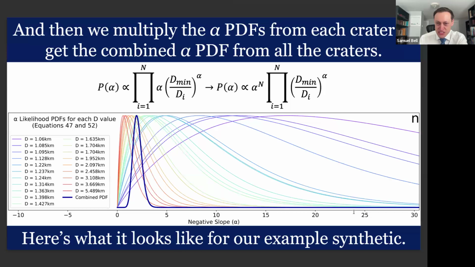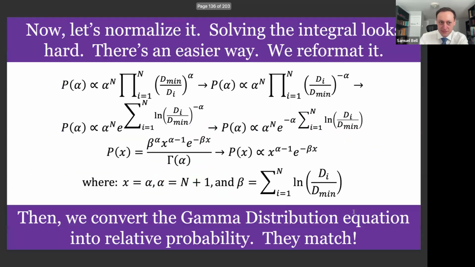And then we multiply together the alpha PDFs from each crater to get the combined alpha PDF from all the craters. And here's what it looks like for our example synthetic. Now let's normalize it. Solving the integral looks hard, but there's an easier way.